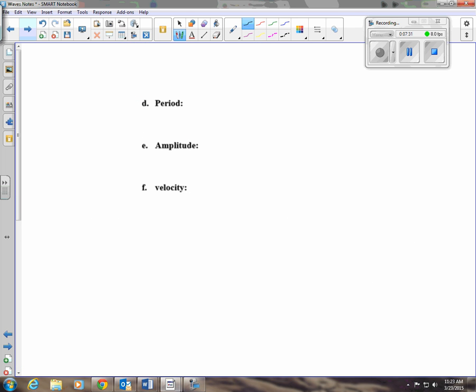On the next page, we start talking about period. Period is the time for 1 cycle. So basically, this is going to be seconds over cycles. Right? You'll notice that that's kind of flipped over from what frequency is. So one way to find period, and the letter for period we're going to use is capital T, it's going to be the reciprocal of the frequency.